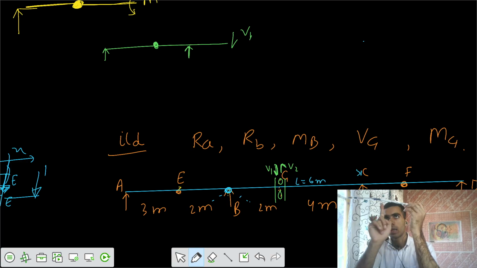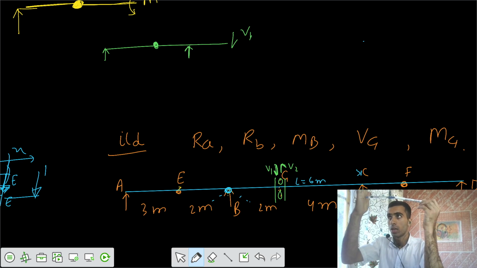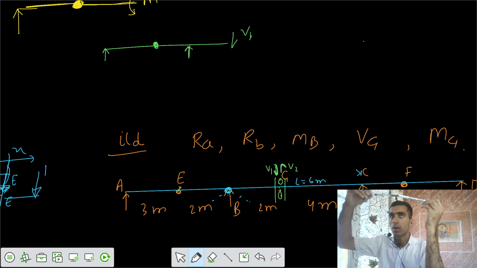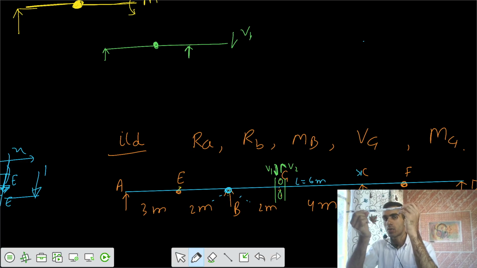A, E, B, shear. Let's apply shear downwards. If I apply shear downwards, that means I should try to move it downwards by some amount. That means this should be the profile. Now there was some support. I have to make sure that the support does not go anywhere.